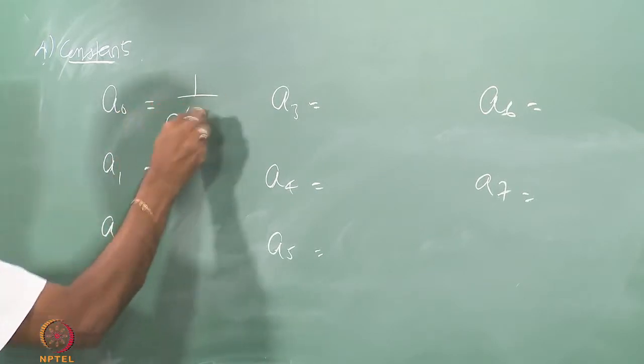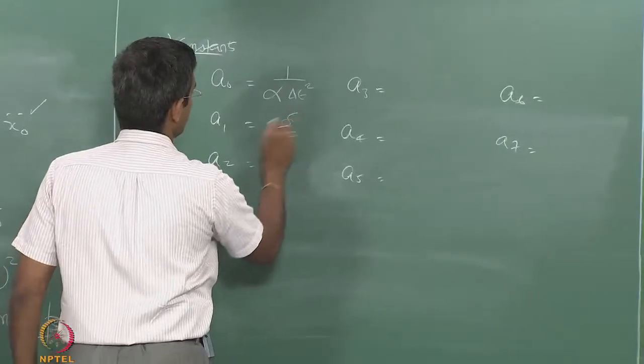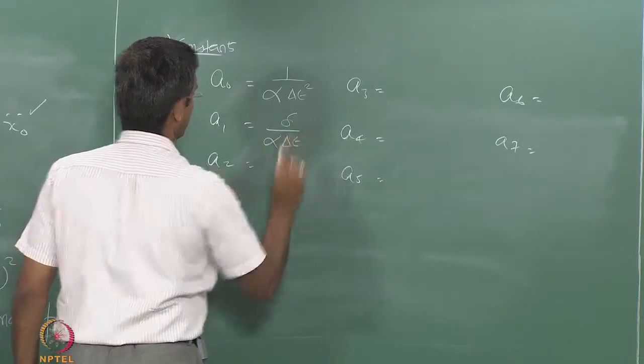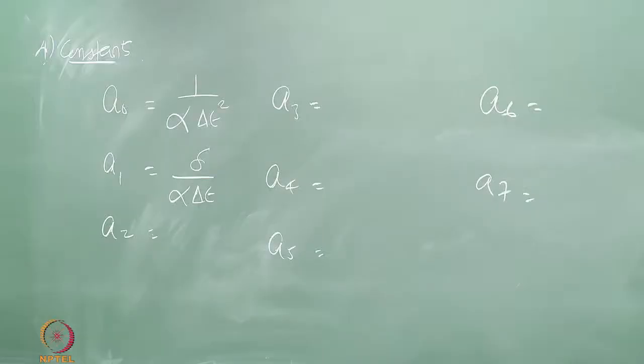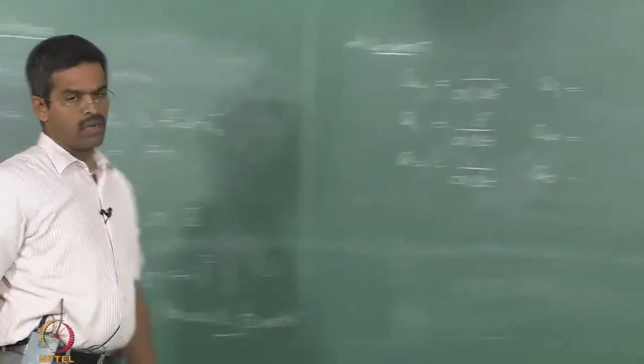A0 is 1 by alpha delta t square, A1 is delta by alpha delta t, and A2 is one by alpha delta t.